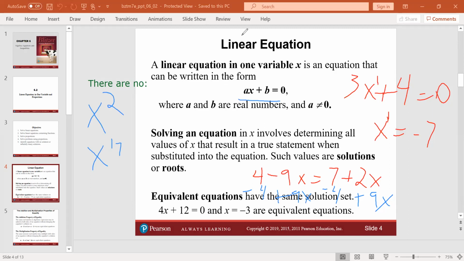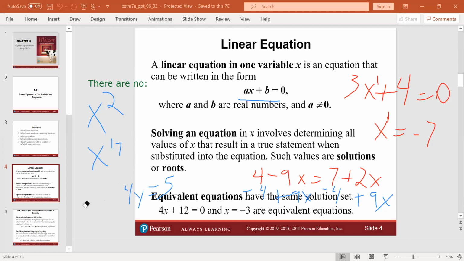If your variable is x, you can't have a y in there as well. So this is not a linear equation in one variable down there because there's two variables, and so that completely gets away from the definition. However, x is the most common variable you'll pick, but you can technically get crafty with it.